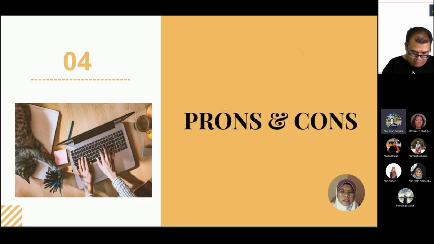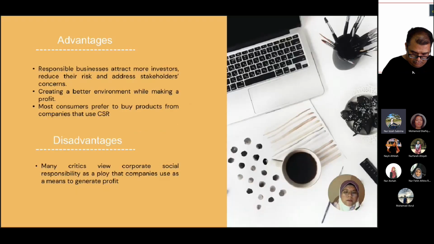Okay, the next slide focuses on advantages of CSR and disadvantages of CSR. Advantages of CSR: responsible businesses attract more investors, reduce their risk, and address stakeholders' concerns. The second one is creating a better environment while making a profit.